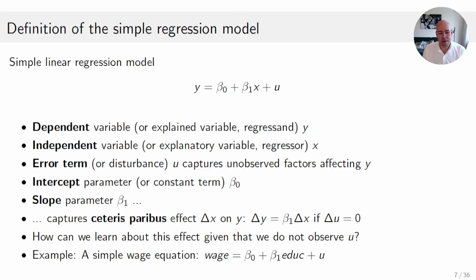In bold is always the terminology that is, in my view, the most common. Y is commonly referred to as the dependent variable. You can also say the explained variable or the regressand. X is the independent variable or explanatory variable or regressor.